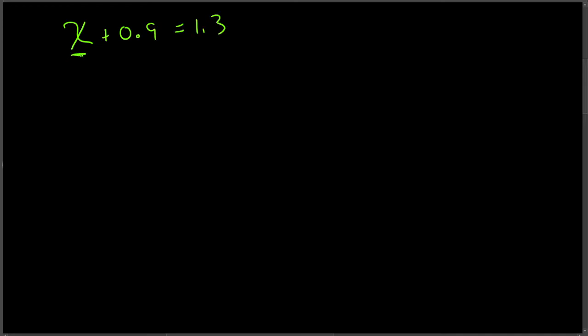This says if I have some unknown quantity and I add 9/10 to it, I end up with 1.3 or 1 and 3/10. So we isolate the variable by getting rid of that 9/10 on the left hand side. But whatever we do to one side, we do to the other.